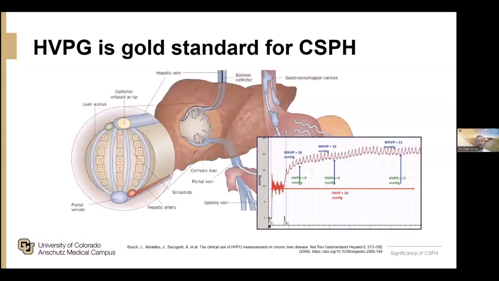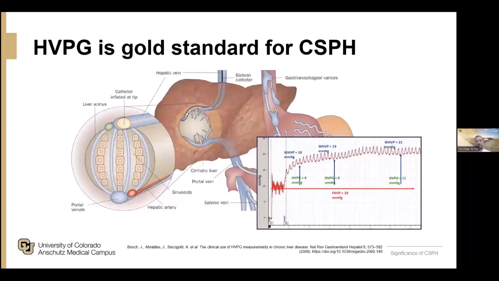You access the hepatic venule, or the venous outflow. You measure a free hepatic vein pressure, and then you inflate a balloon at the tip of the catheter, and in the small circle insert there, you can see that that would create a static column of fluid across the sinusoids, which then allows you to transmit the pressure from the portal venule and indirectly measure the portal pressure. The gradient between those two is what becomes clinically valuable for us, and that's what's defined as the HVPG.